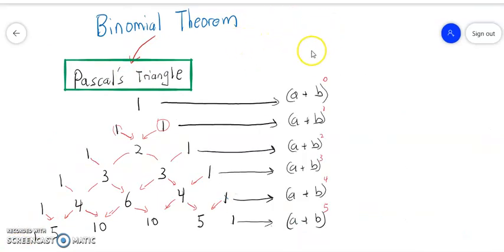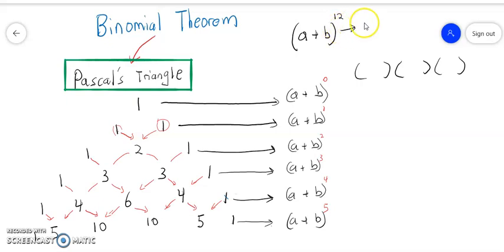This is a summary of the binomial theorem introduction to Pascal's triangle. This is used in algebra to solve a problem with a plus b to the power of 12, where it is very troublesome to do one by one multiplication, whereby we can just use the formula to get the answer.